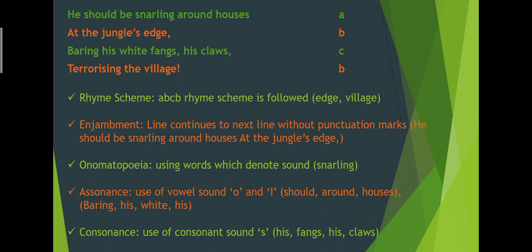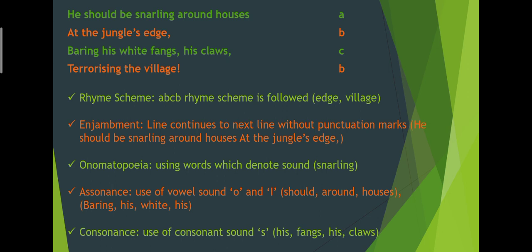And another concept used is assonance. Assonance means use of vowel sounds, O and I. That means there are certain words where O and I sounds were used: shirt, around, houses, bearing, his, white, his.